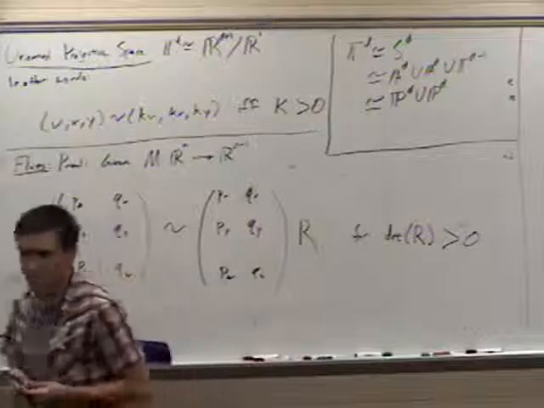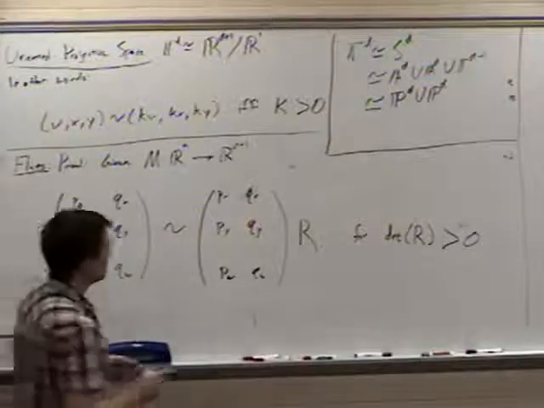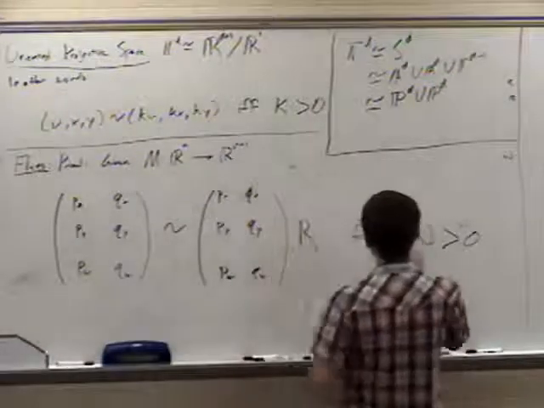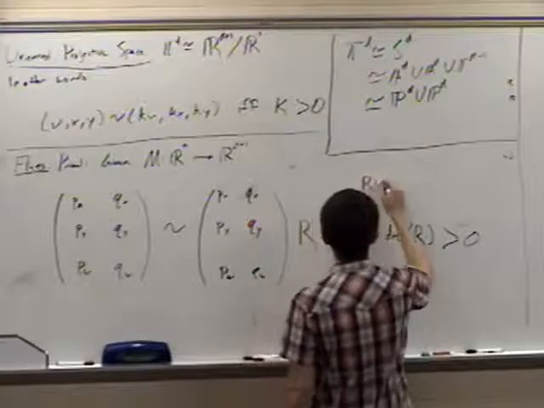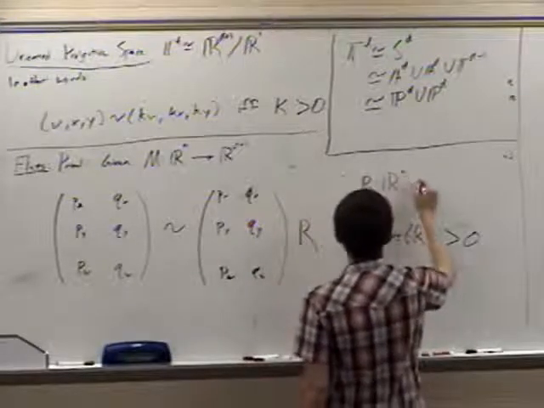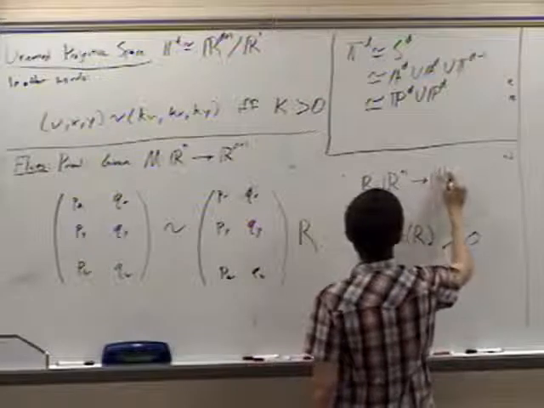So this is the idea, that R is going to be basically a 2 by 2 matrix. So R will be a map from Rn to Rn.